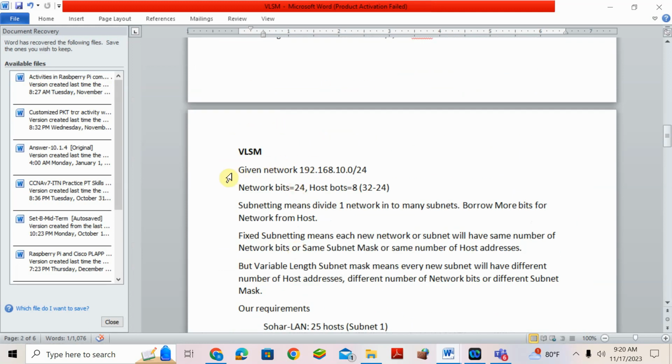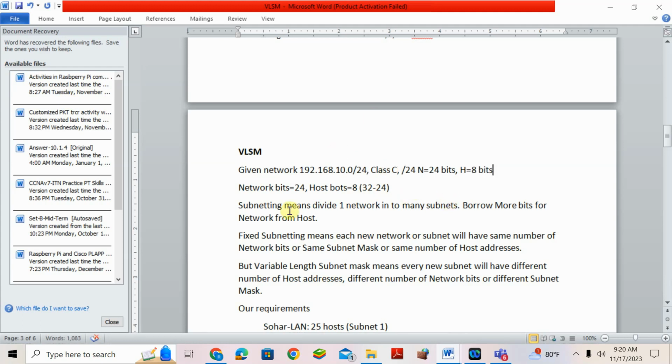Okay, now given the network, we are going to start the calculation. Network is 192.168.10. This is class C, Mr. Omar, and it has 24 bits network. So network will be 24 bits, host will be 8 bits.